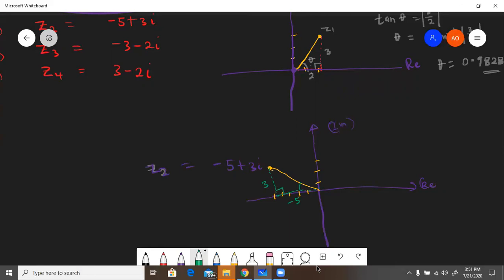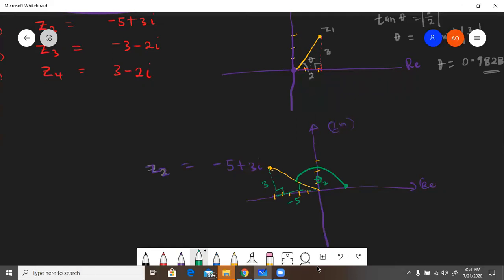Now, what is going to be theta, I mean the argument? It starts from the positive real axis, so you measure like this from the positive real axis. So this is our angle theta 2. Now, how do we determine angle theta 2?